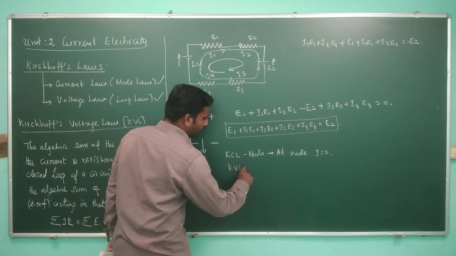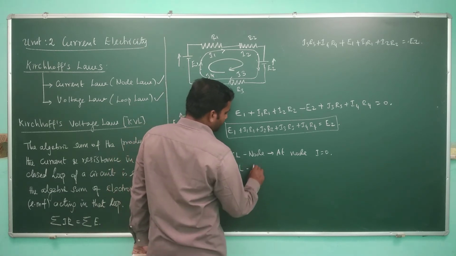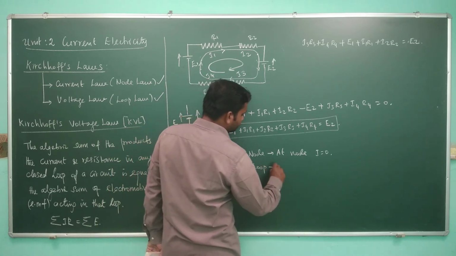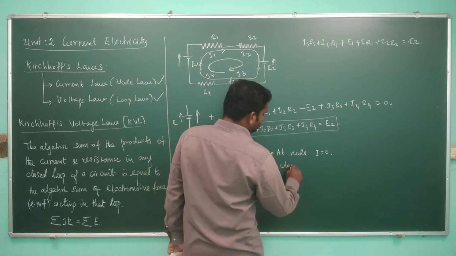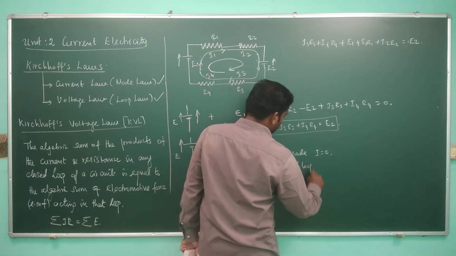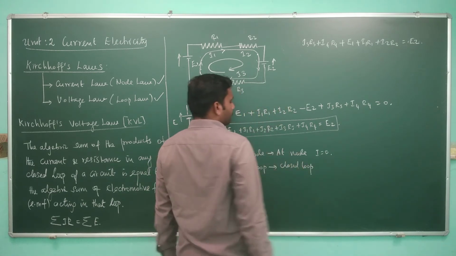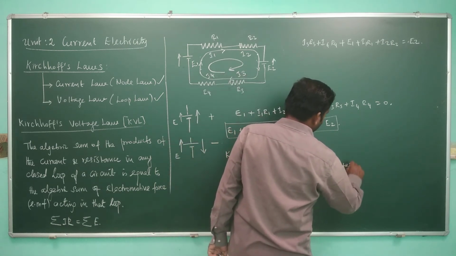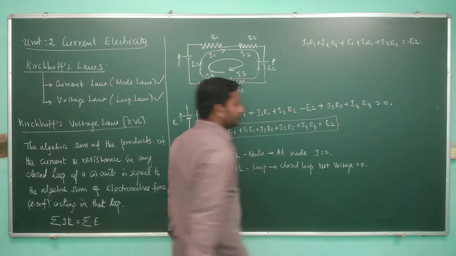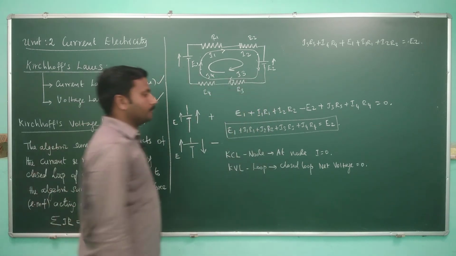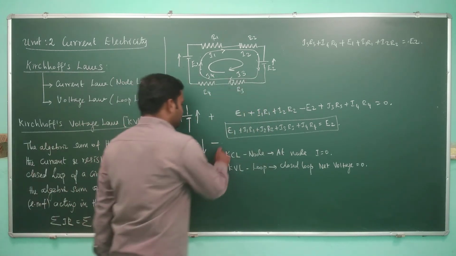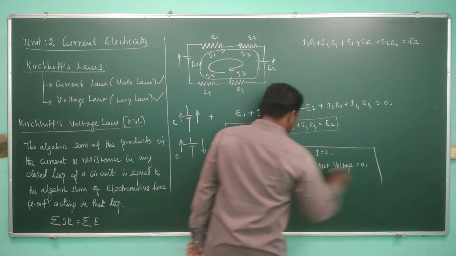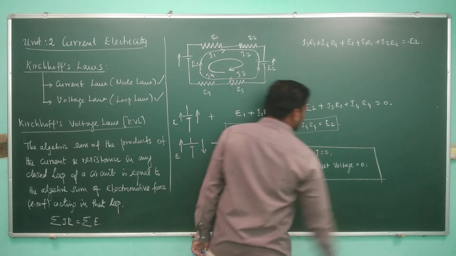And KVL: for a loop, in a closed loop, net voltage is equal to 0. Right? This is the simple thing that you might have to remember.